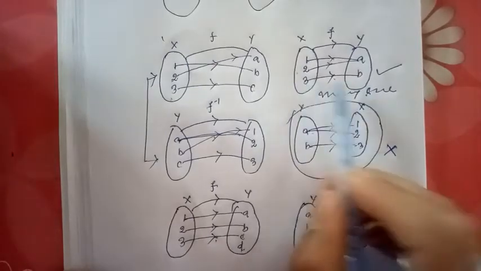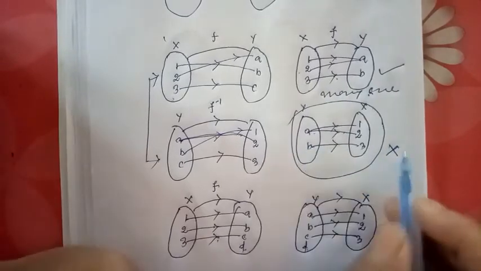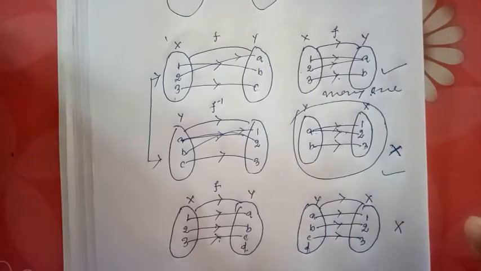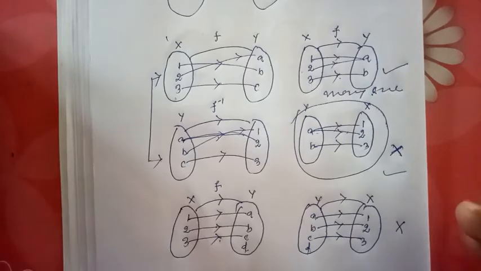When domain and range are interchanged, that is not considered a function. For an invertible function, the function must be both one-one and onto, otherwise it does not become invertible.